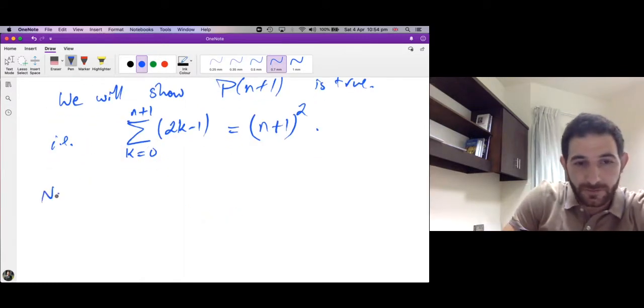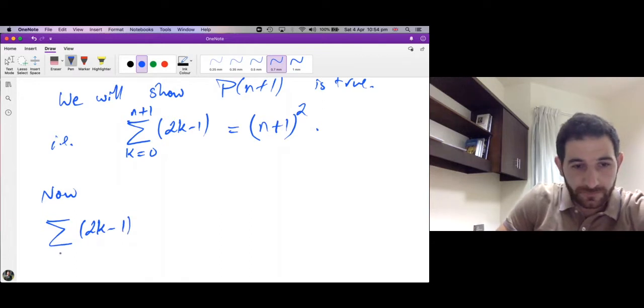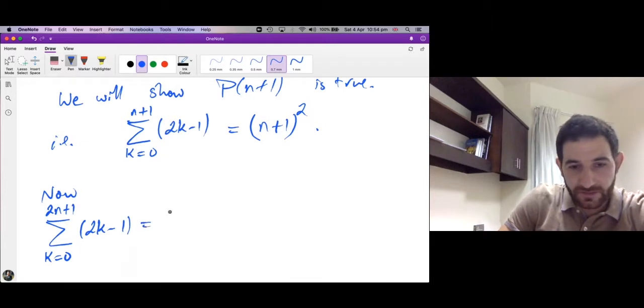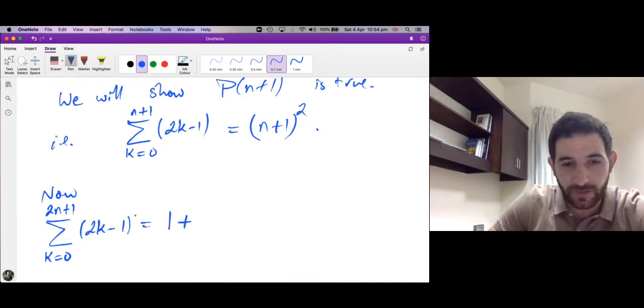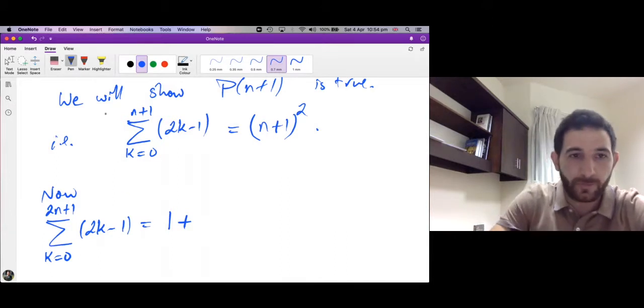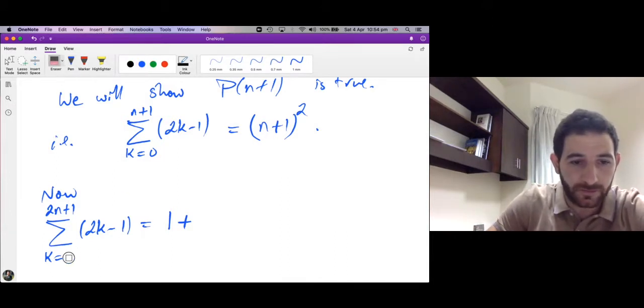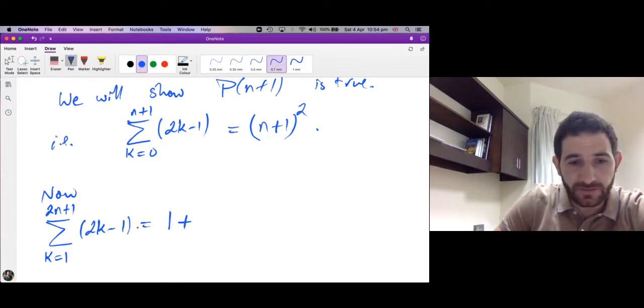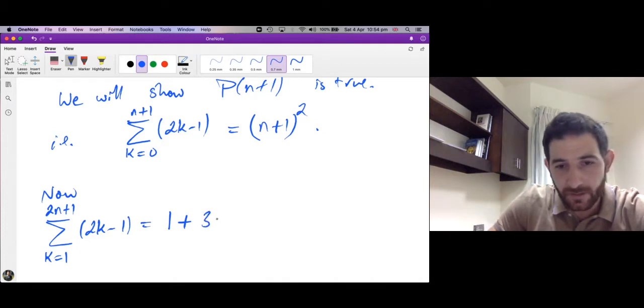So now we start with the summation of 2k minus 1, when k starts from 1 and stops at n plus 1. But what is this? When k is 1, this is 1. When k is 2, this is 3, and then 5.